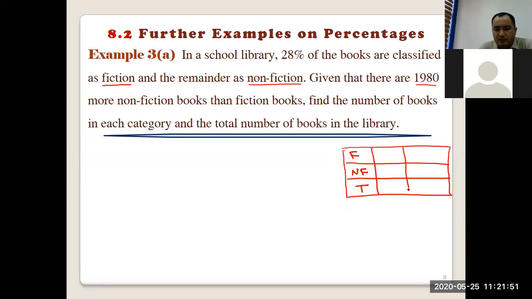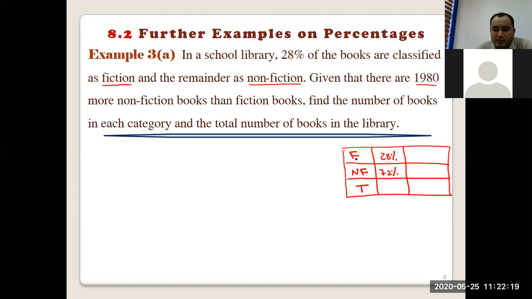Let me write here as percentage. In a school library, 28% of the books are classified as fiction. So fiction is 28%, non-fiction 72%. Together, they constitute the total number of books in the library, right? And given that there are 1,980 more non-fiction books, right?